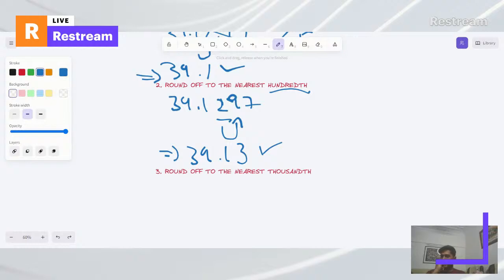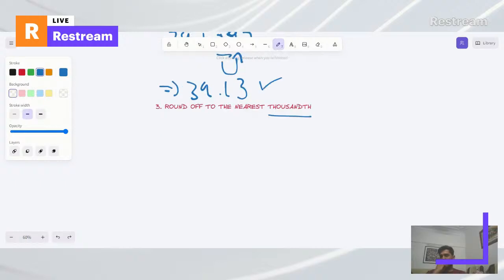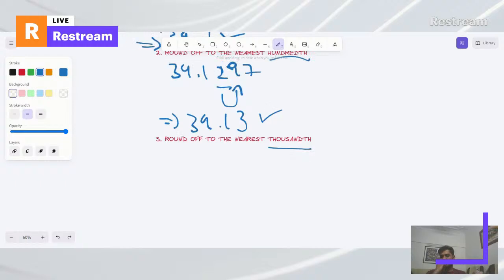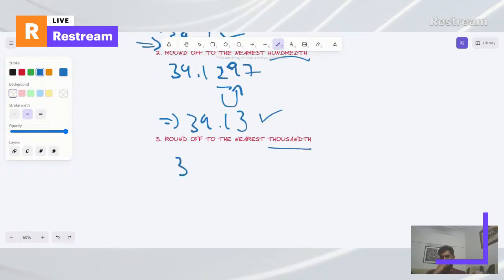Right, so let's move ahead and start off with question number 3. Now we're gonna round it off to the nearest thousandth. We write down the question 39.1297.